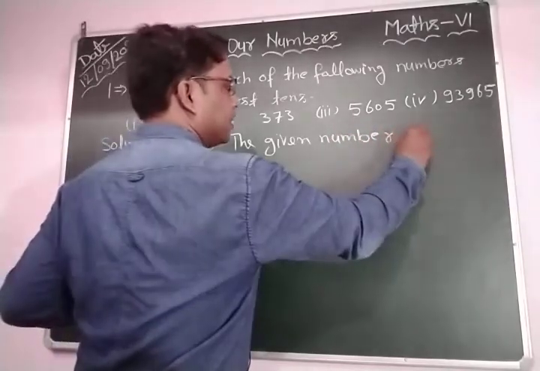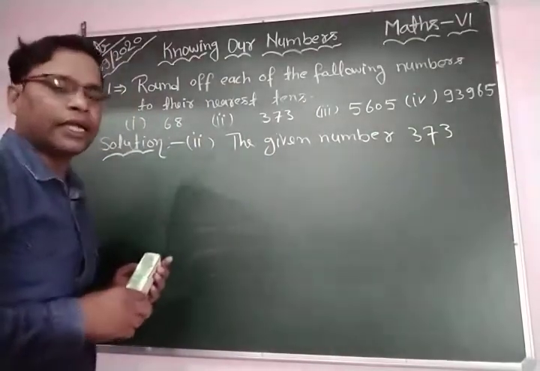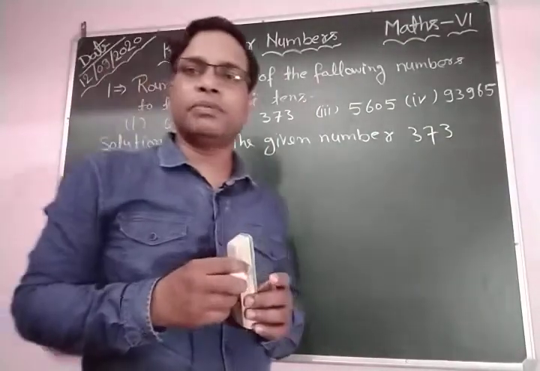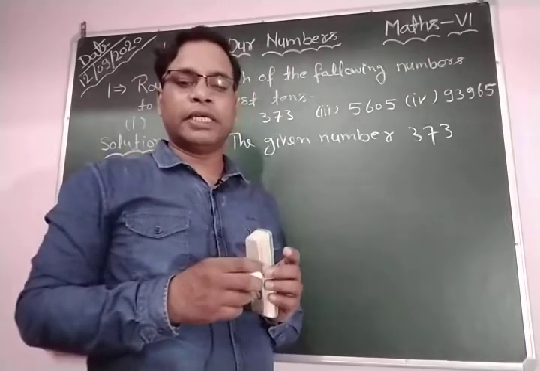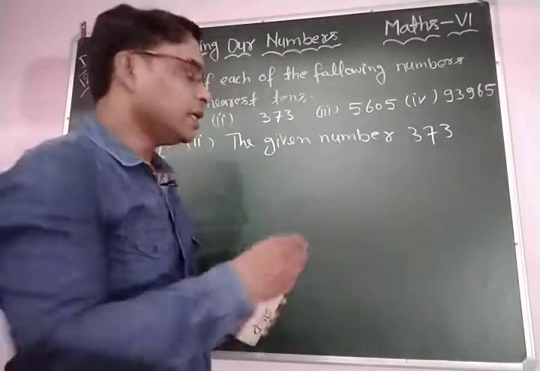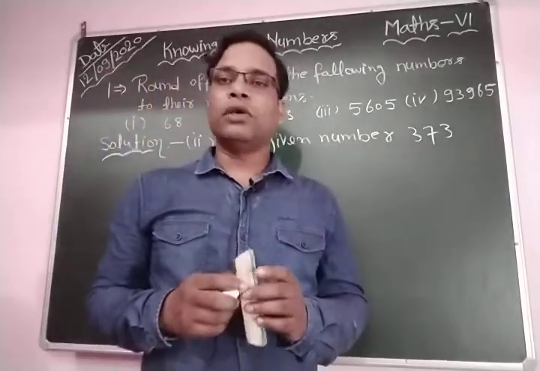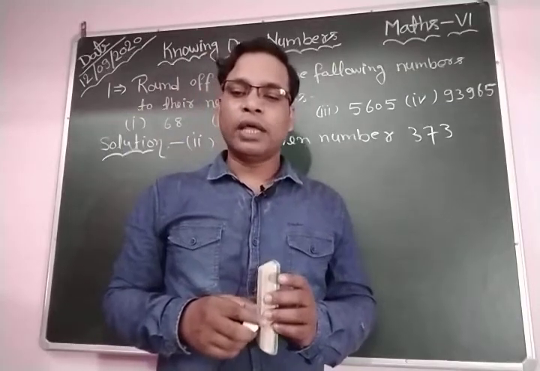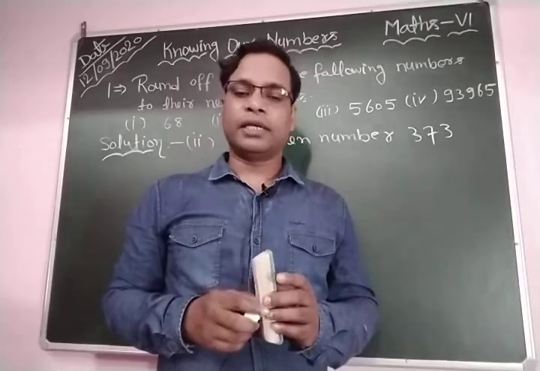The given number is 373. We need to round it off at the tens place. For the tens place, we check the ones place digit. If the ones place digit is less than 5, then we replace the ones place digit by 0 and keep all other digits of the number as they are.